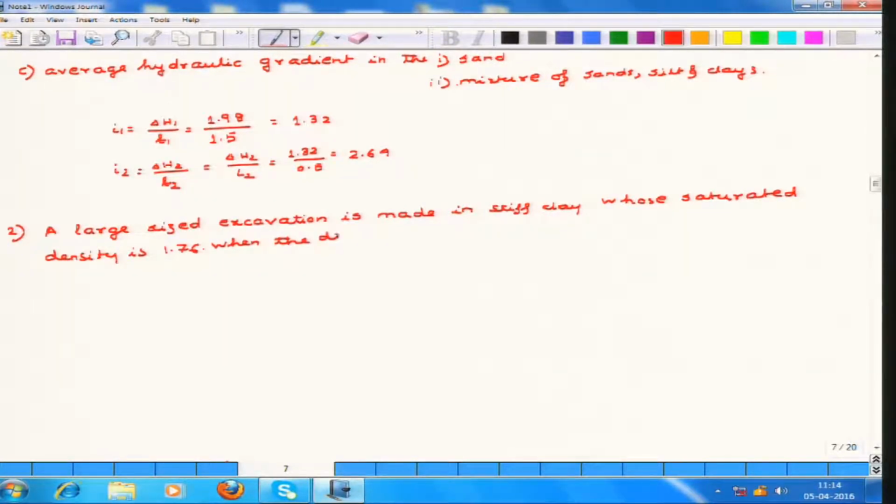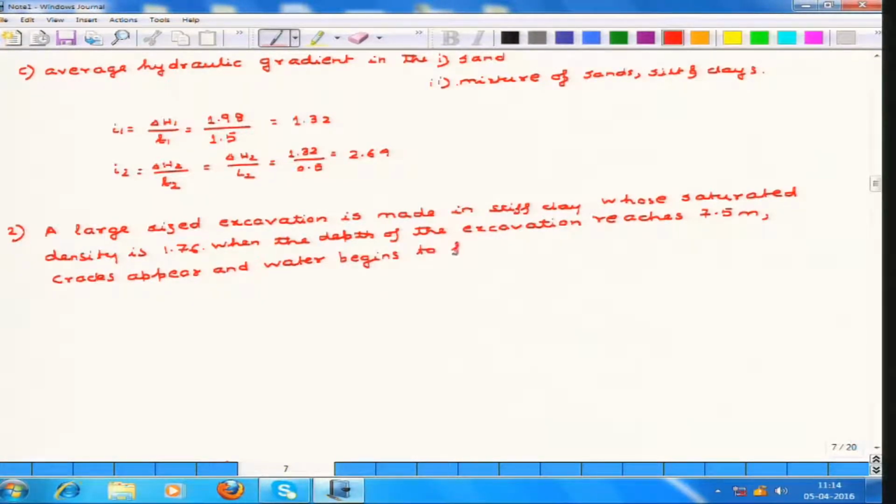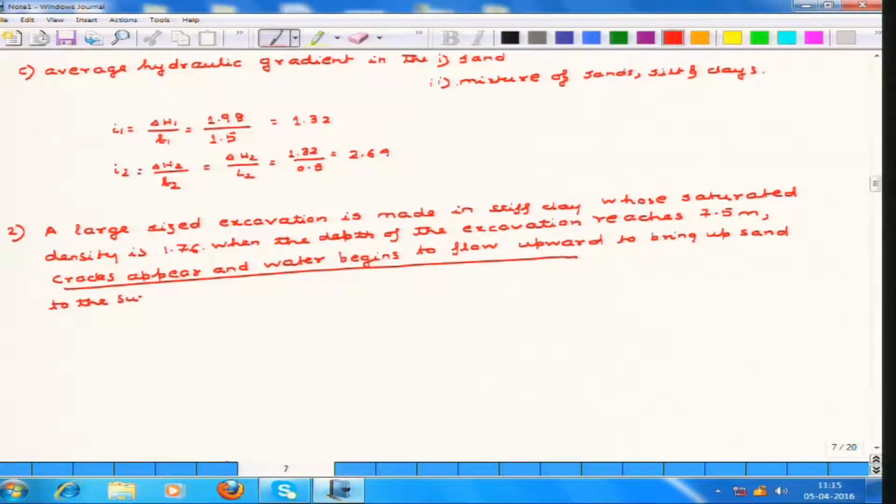When the depth of the excavation reaches 7.5 meter, cracks appear and water begins to flow upward to bring up sand to the surface.